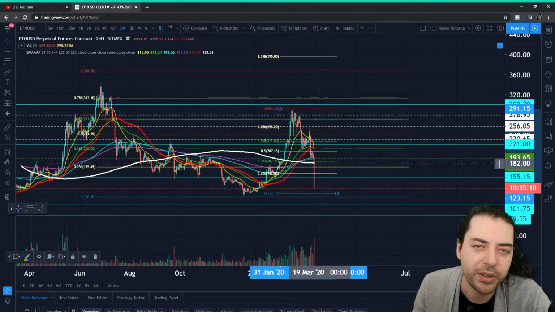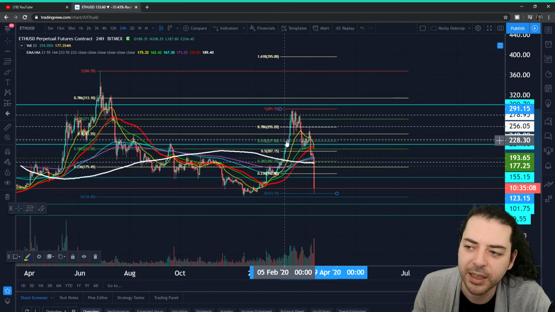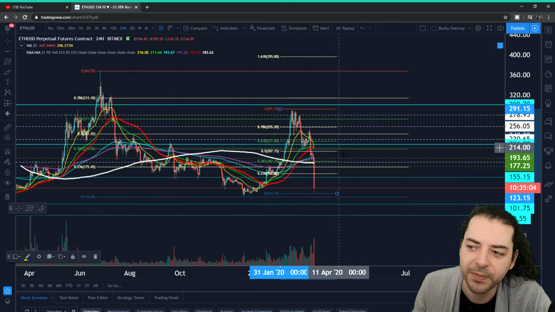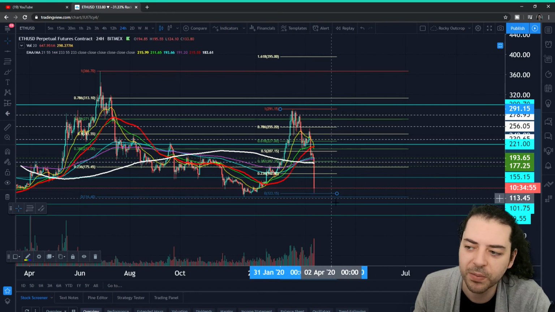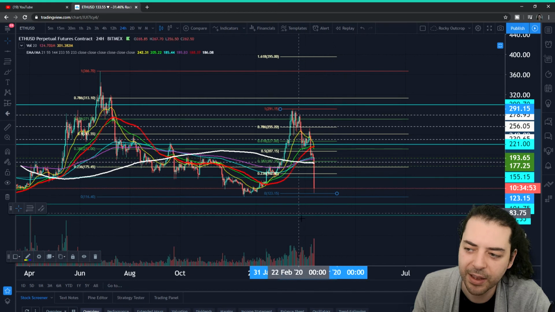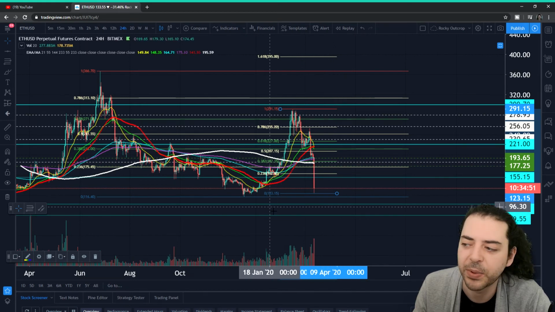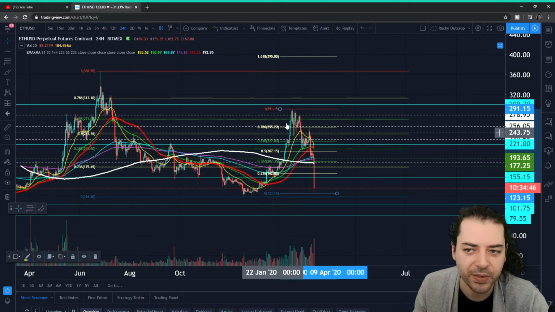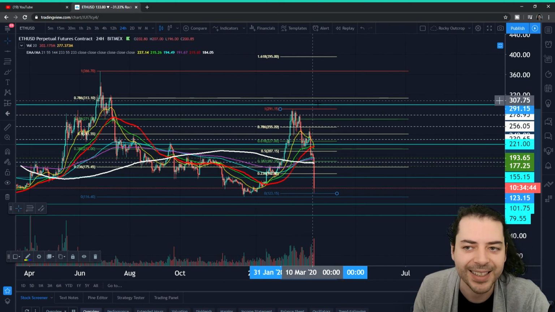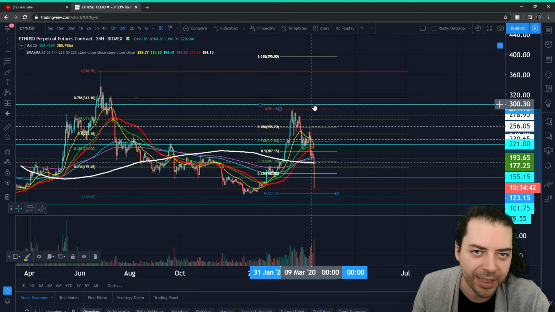And it's no coincidence that you can see things like the 618 coming in right where we had a horizontal before, the 382 right on where there's other horizontals we've had in the past. These levels are more or less self-explanatory, and that makes a lot of sense when you consider this low over here around the $100 flat area, and where our previous target was around that $300 area to the top side.